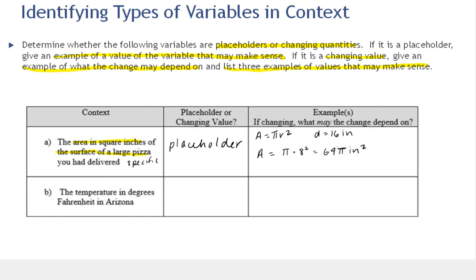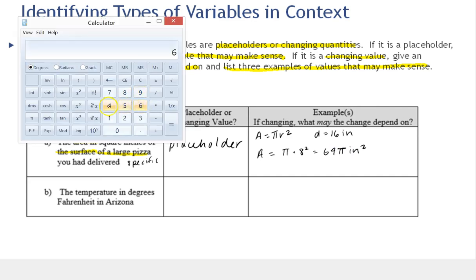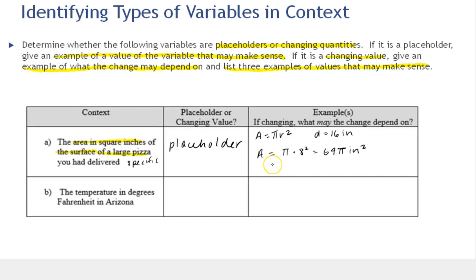Okay. And if we want to get an approximation from this, we can use a calculator. So I'm going to multiply 64 times an approximation for pi, and we get 200.96. So 200.96 inches squared.